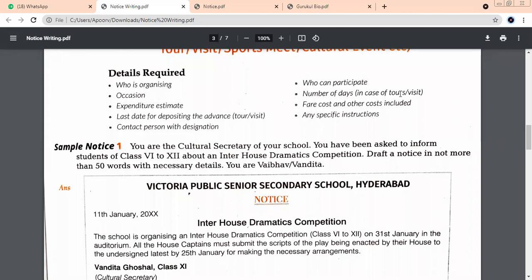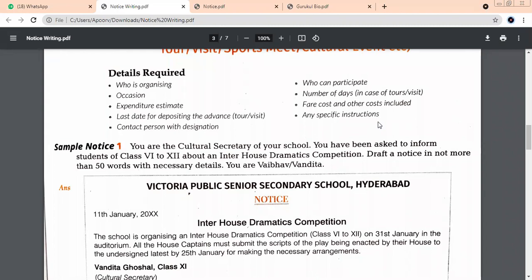In case we talk about a tour or a visit, then we need to tell about the number of days. But here we need not mention. Expenditure also we will have in this only, fare cost in case it's a visit or a tour. Last date of depositing will not come. Any specific instructions? All house captains must submit their scripts to be enacted by their houses.